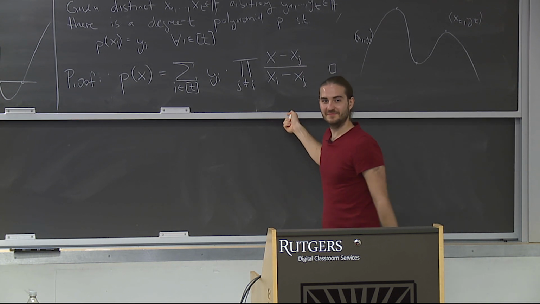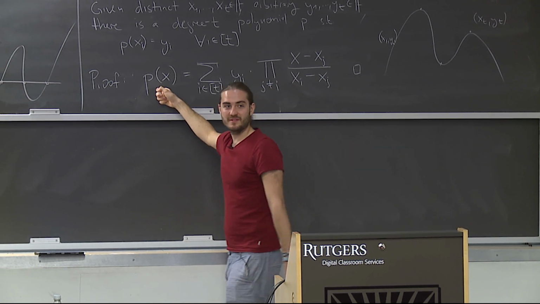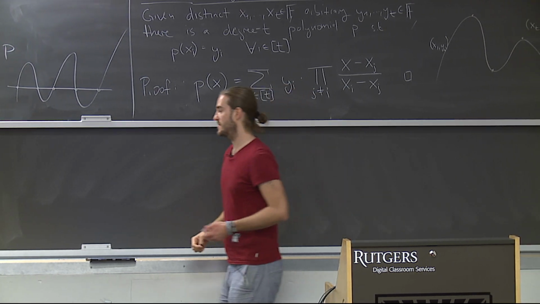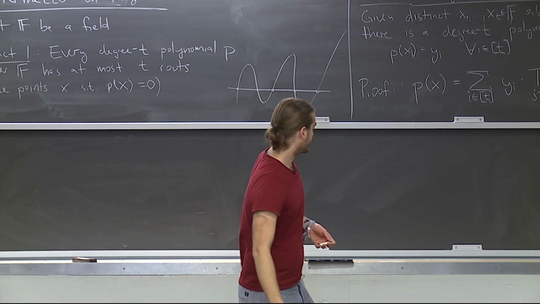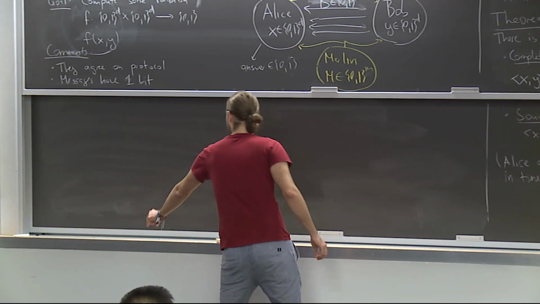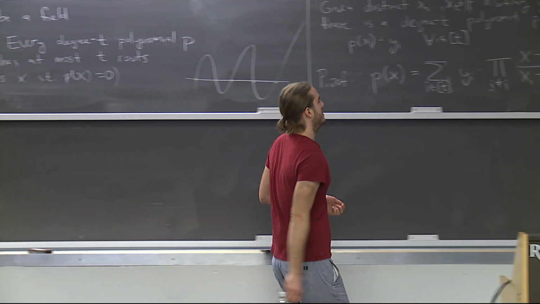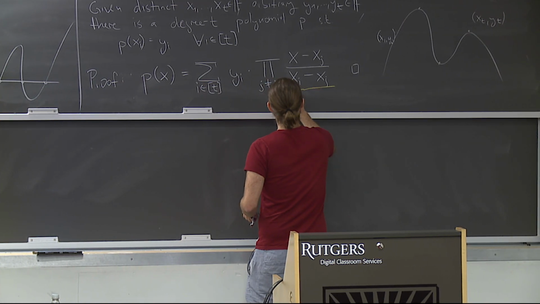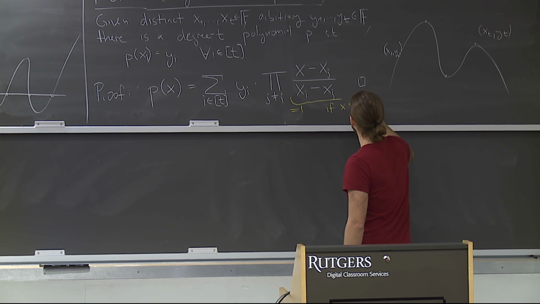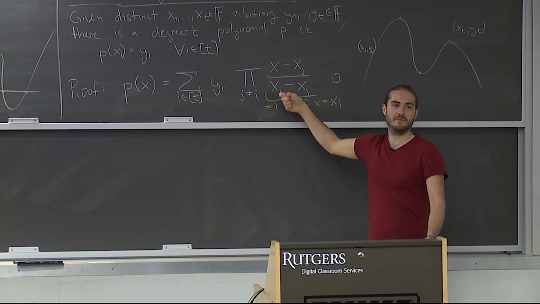Let's verify. I claim this polynomial evaluated at some point xi equals yi. So plug in xi into this polynomial. Then this is either equal to 1 if x is equal to xi, because xi minus xj divided by xi minus xj is 1.